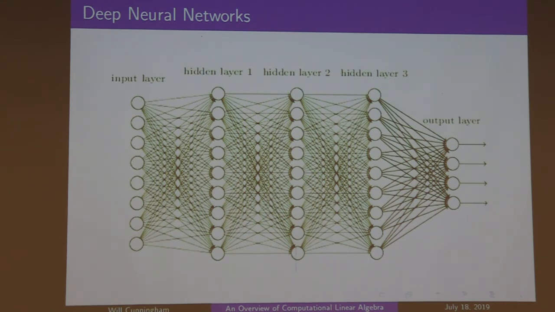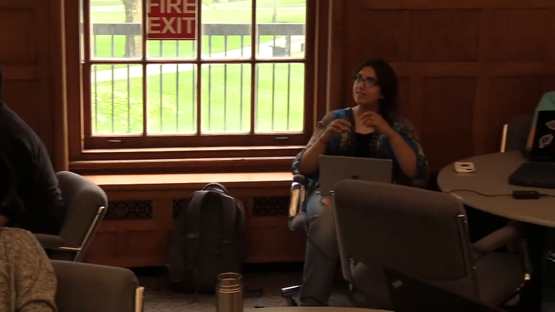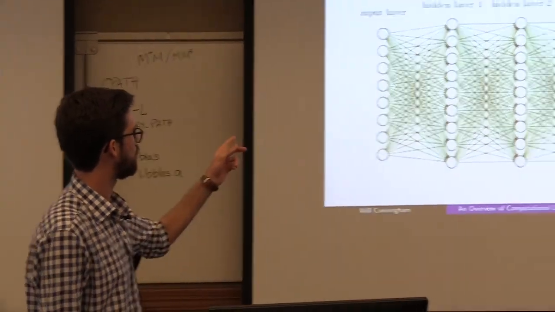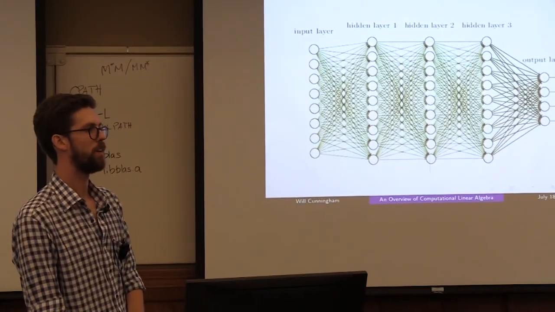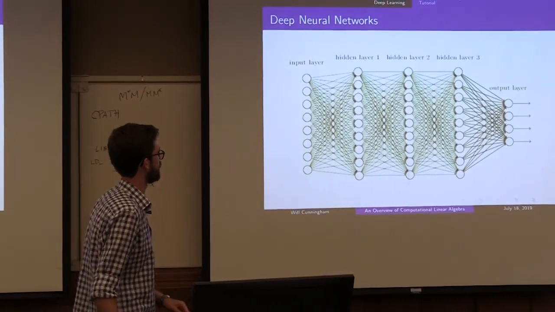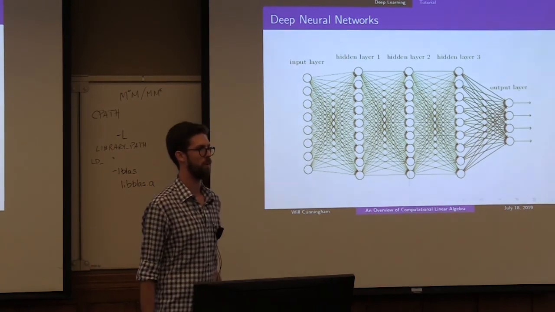Yes? So these matrices that we talked about, do they have to be a defined size, or can you have matrices of multiple sizes? In this case, the matrix size is going to be determined by your network structure. So the matrix size will depend on how many of these links you have.